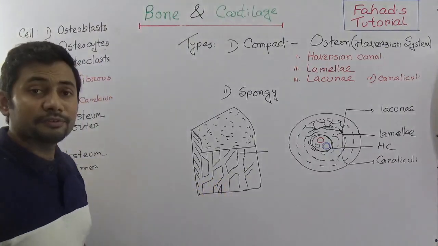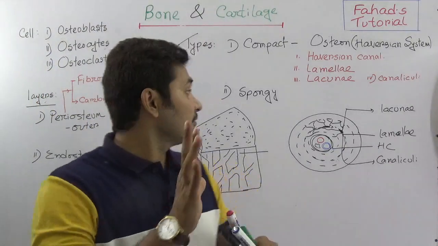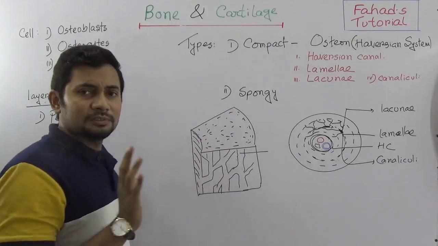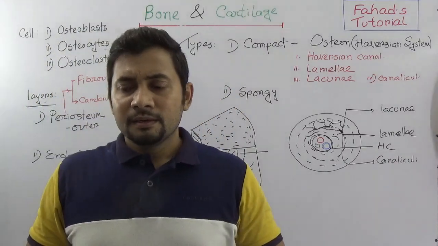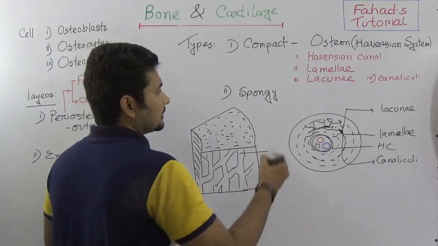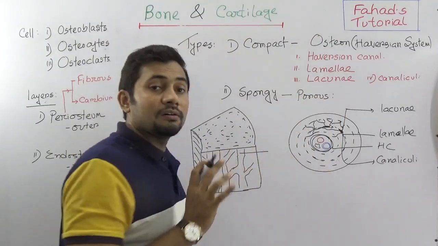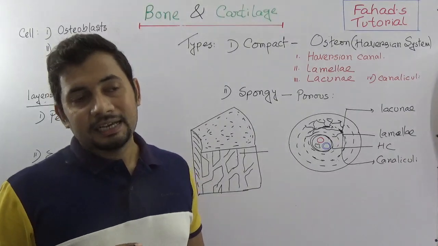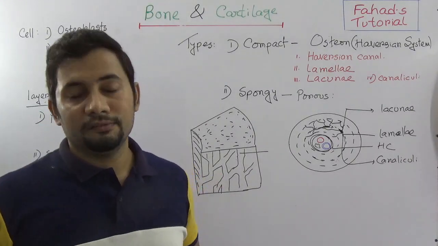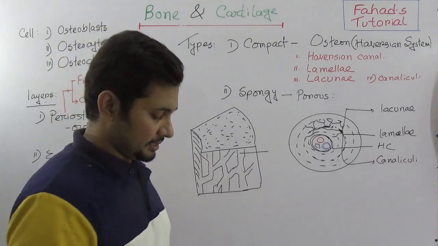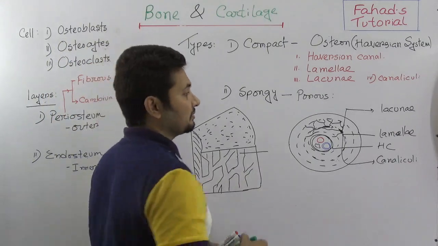Now, before going to explain cartilage, spongy bone is porous and not as strong as compact bone. It has very thin columns of bone, which are called trabeculae.